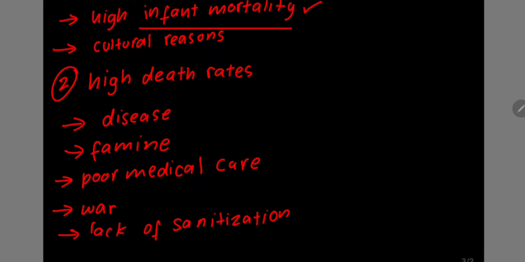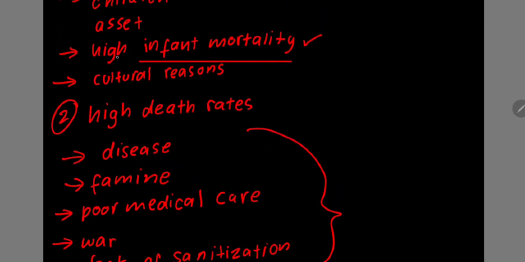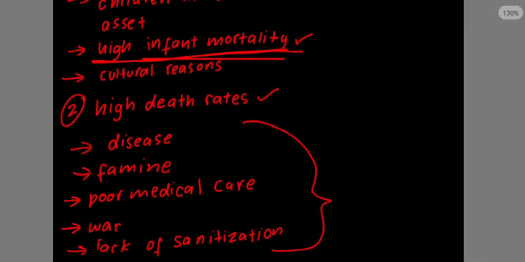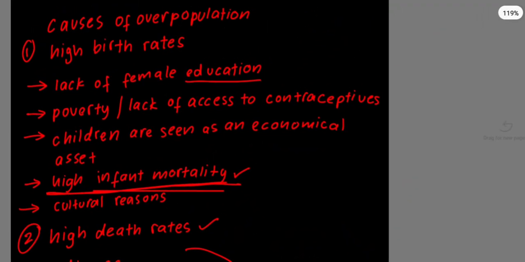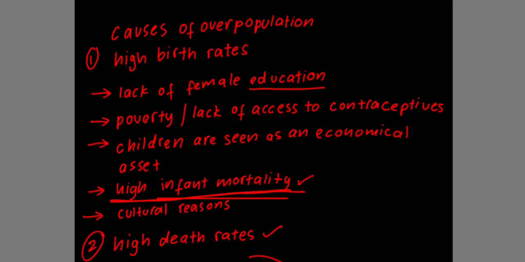So when children die because of these reasons, this increases. When death rates increase, birth rates would also increase. However, it's a tricky concept, slightly tricky if you don't use it accurately. So if you're asked the causes of overpopulation, I think the safe way is to just talk about high birth rates.